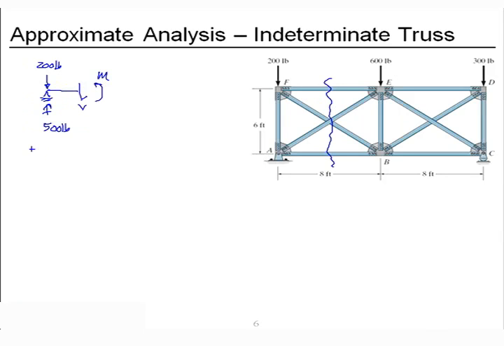I'll apply vertical equilibrium. Have our 500 pounds up, 200 pounds down, and our unknown shear down. Move shear to the other side, solve, and we'll get 300 pounds in the direction drawn.